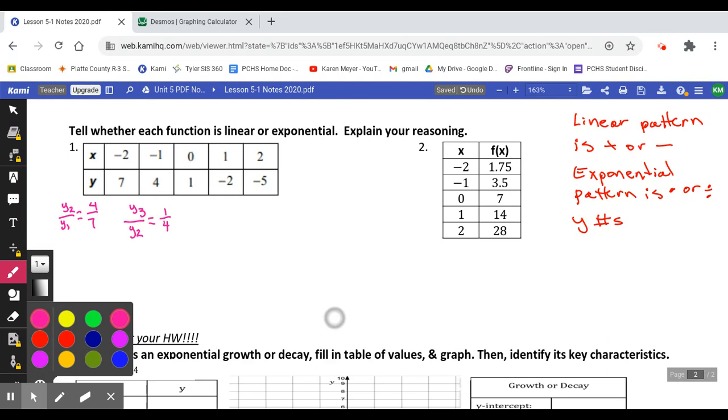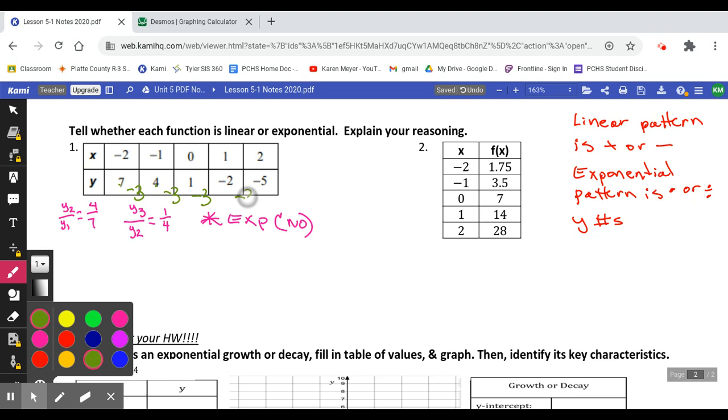So then I would say, exponential, no. So then I would say, let's check linear. If it's linear, I notice my y numbers are getting smaller, so let's check subtraction. So 7 minus 3 is 4. 4 minus 3 is 1. 1 minus 3 is negative 2.